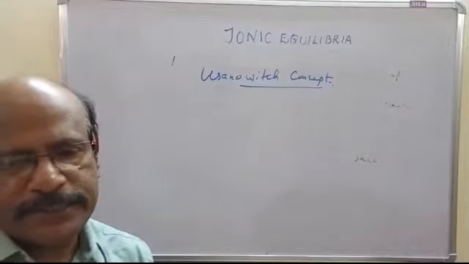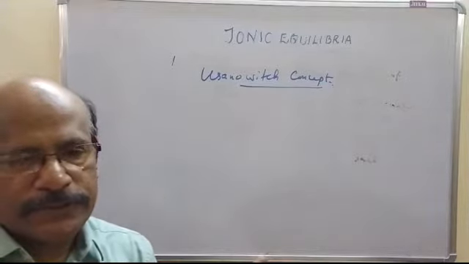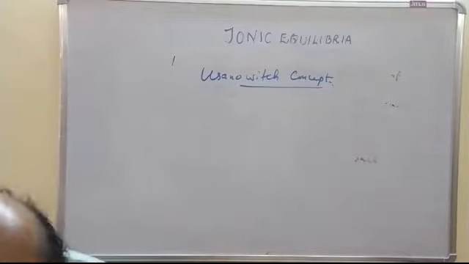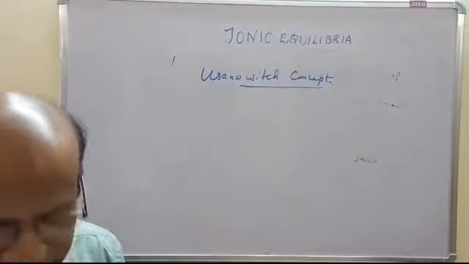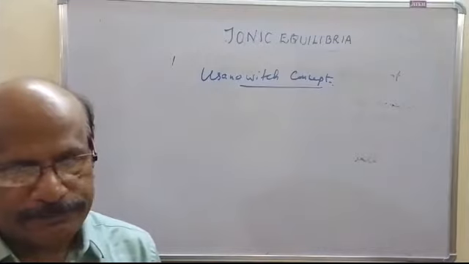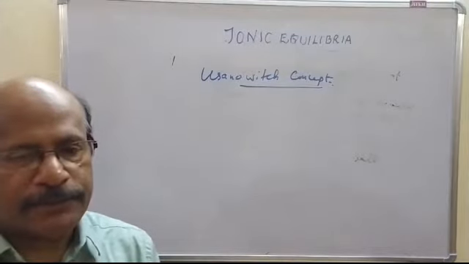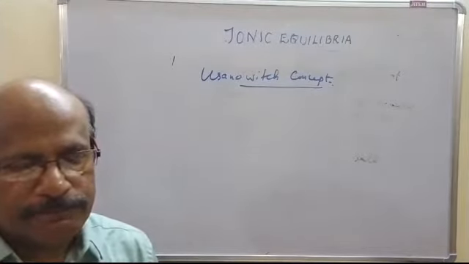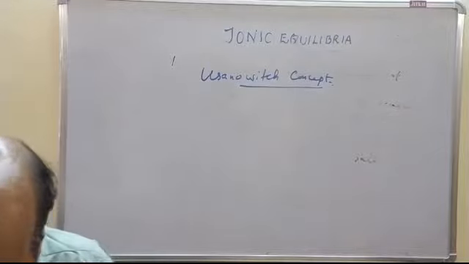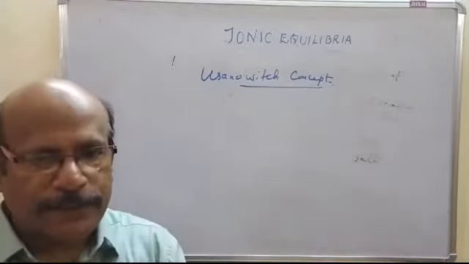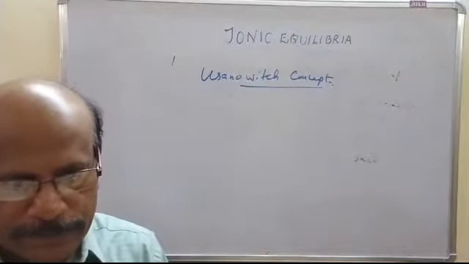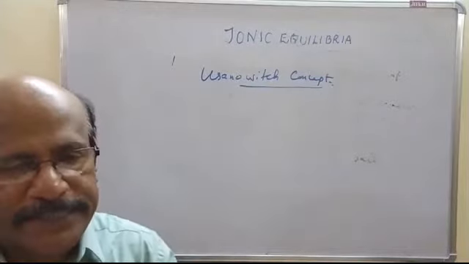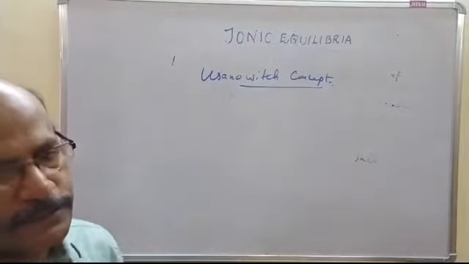Any substance that can produce or give up a cation, or that can take up an anion, or that can accept an electron, or that can react with a base is called an acid.